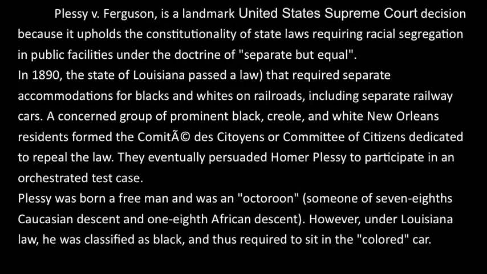A concerned group of prominent black, Creole, and white New Orleans residents formed the Committee of Citizens dedicated to repeal the law. They eventually persuaded Homer Plessy to participate in an orchestrated test case. Plessy was born a free man and was an octoroon, someone of 7/8 Caucasian descent and 1/8 African descent. However, under Louisiana law, he was classified as a black and thus required to sit in the colored car.